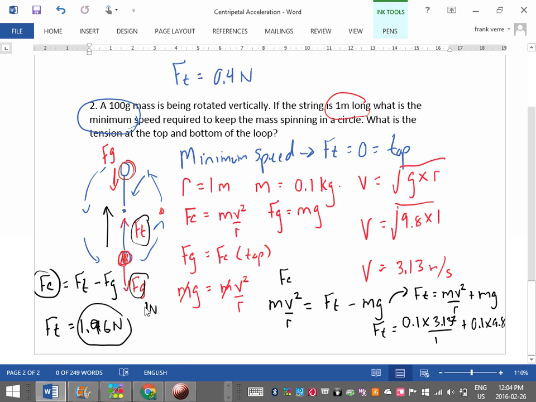According to Newton's second law, F equals ma, if they're the same, that means the net force would have to be 0. So at this point, if the net force were 0, which way would this move? Good question. It would go this way because of Newton's first law. So it can't be 1. It has to be more than 1. So does this make sense? Yes, it does. All right. That is the end.